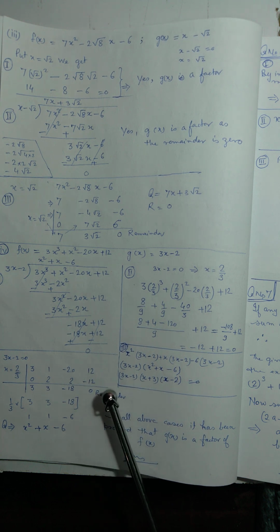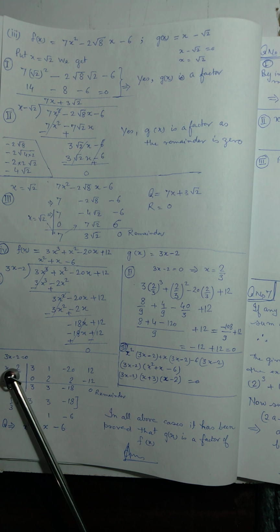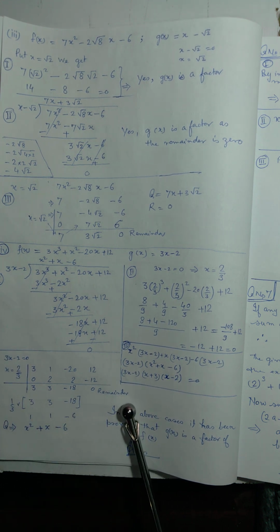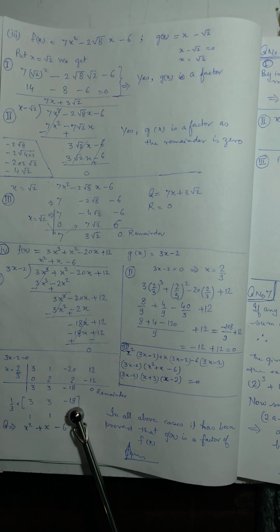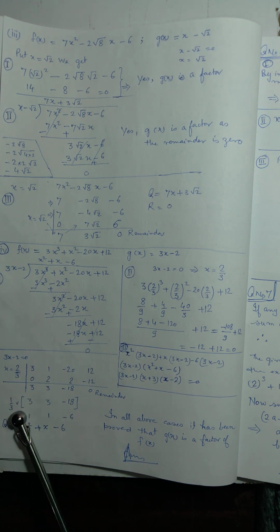As soon as you are getting the remainder 0, it indicates that the given expression, that is 3x minus 2, is one of the factors of the given expression fx. Now in order to get the complete form of the quotient here, we have to divide by 3, meaning the denominator portion.